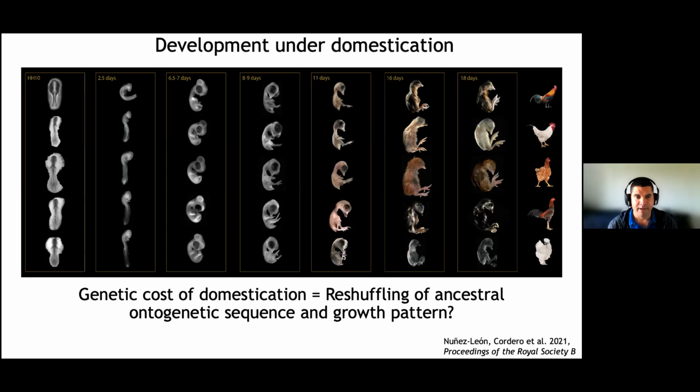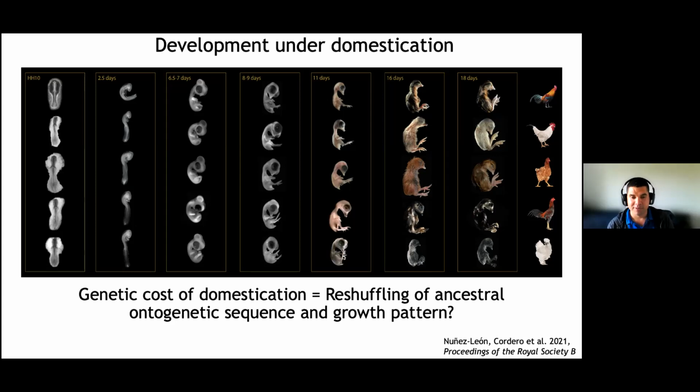And what I mean by the genetic cost of domestication is that it's expected that domesticated animals, or any species undergoing human-mediated selection, is more likely to accumulate genetic mutations and other changes in development might be permitted because the species are not being subjected to the natural selective regime.